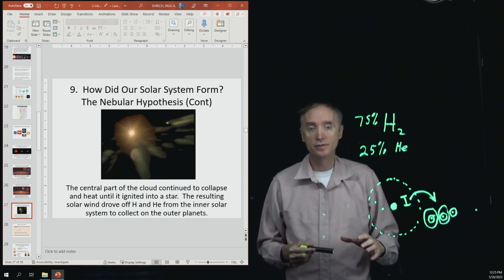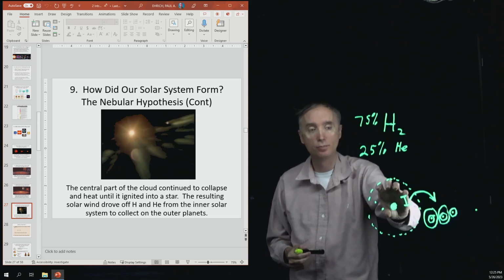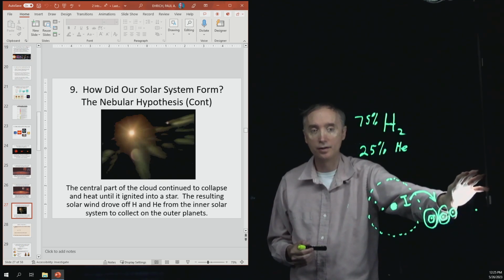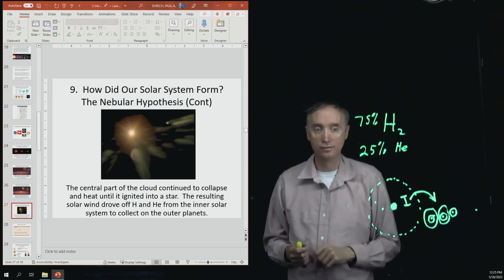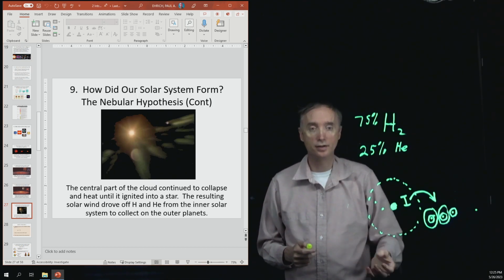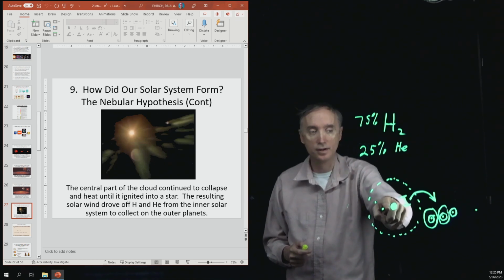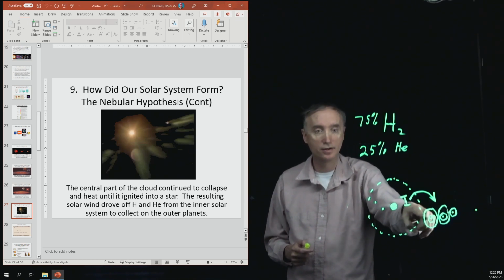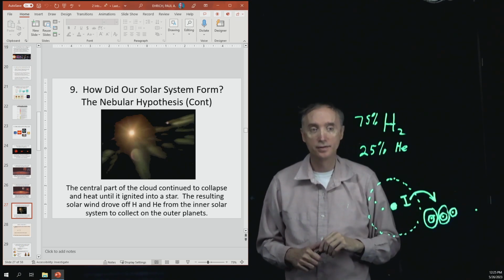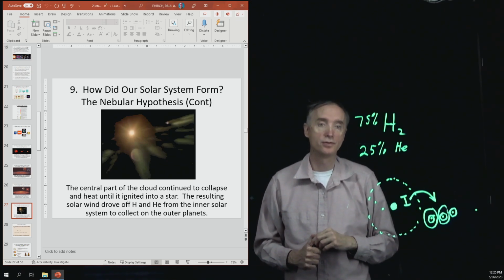And then that wind is going to blow all of the remaining hydrogen and helium and other gases out of the solar system. So what you're going to be left over with is rocky planets here, and then your gas giants out here, and then way out here, just kind of like the rubble that's left over from the formation of the solar system.